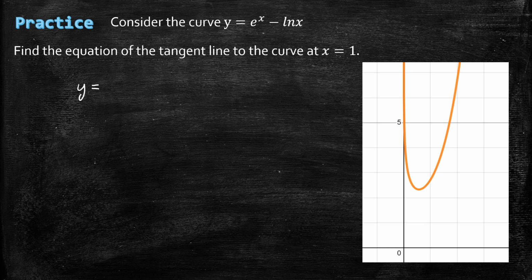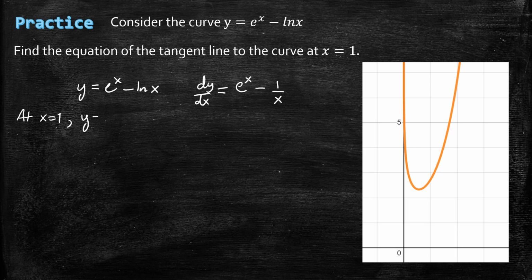So again, I'm going to set it up. For y equals e to the x minus ln x, dy by dx, using appropriate notation, is, well, the derivative of e to the x is itself, and the derivative of ln x is 1 over x. Now, we're going to have to plug in x equals 1. There's no convenient way of writing this when you're not using function notation.